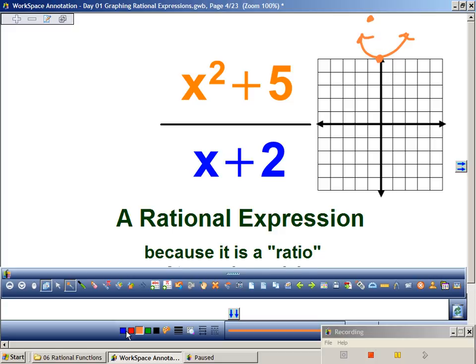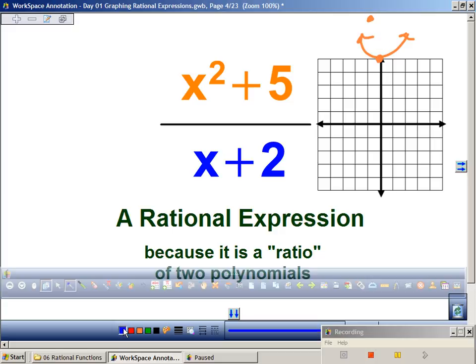And then this one, what's this one? That's just a line. So what we're saying right now is if I take this and divide it by that, I wonder what we would get. I don't know.